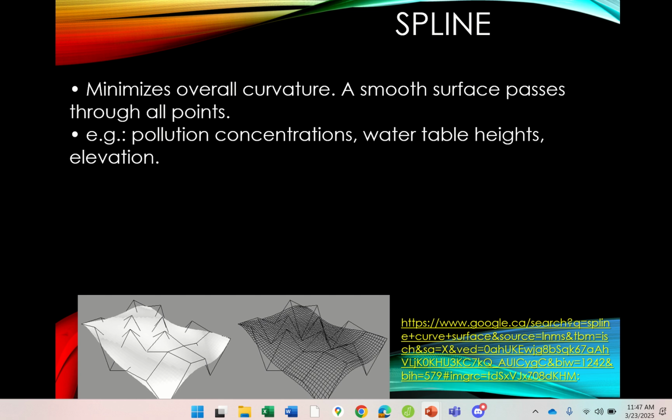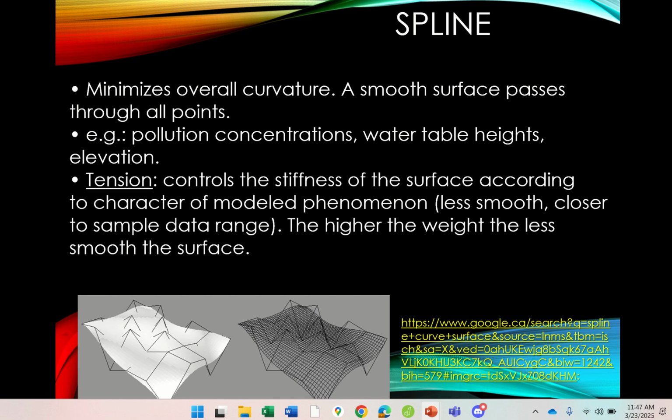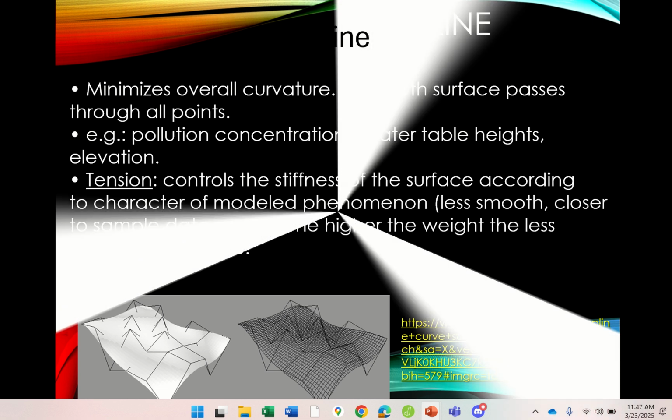You could use a spline curve to fit a surface, which would give you a guess of what the water table heights are at points in between your observations. You can modify your spline curve by adjusting the tension, which changes how well the surface fits through your observed set of points.